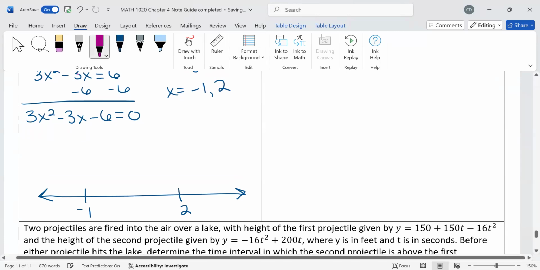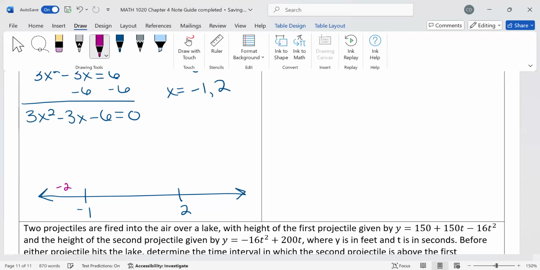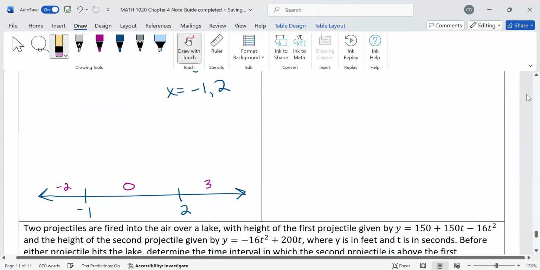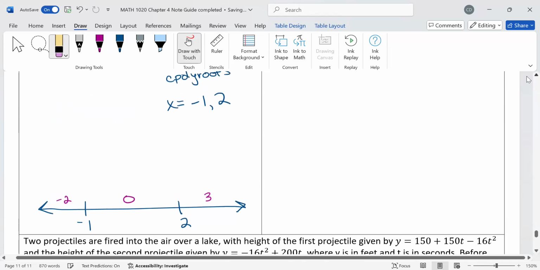For a number less than -1, we could use -2. Between -1 and 2, 0 is an easy one. And greater than 2, we can use a 3. So we're testing the intervals here. We're going to plug those three values into the original inequality.